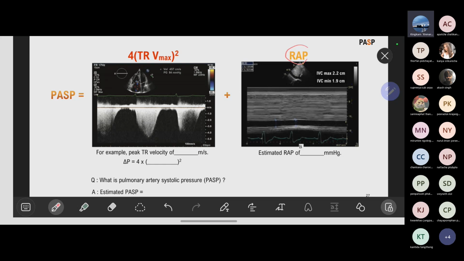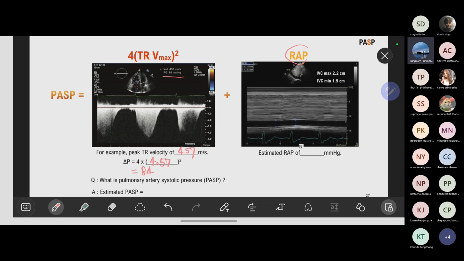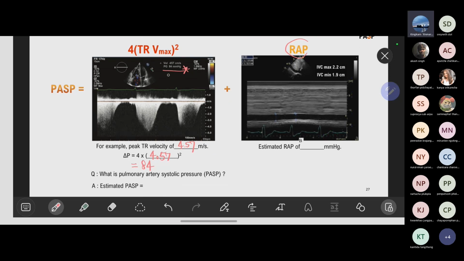This patient has a peak TR velocity of 4.57, so the pressure gradient between the right ventricle and right atrium is 84, or 83.5. Now the estimated right atrial pressure.